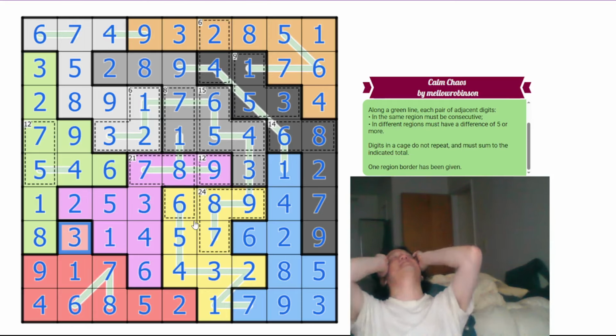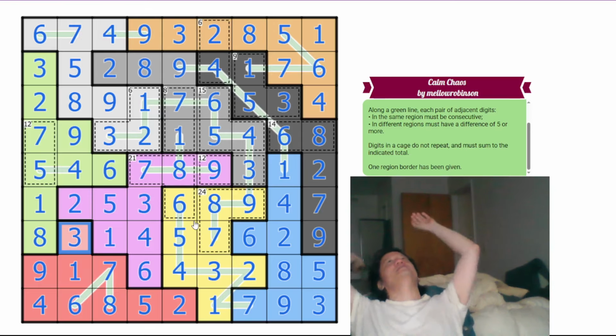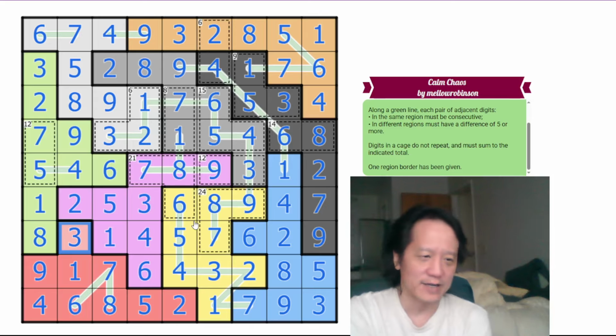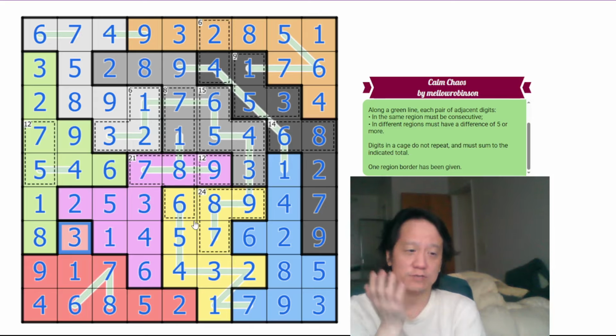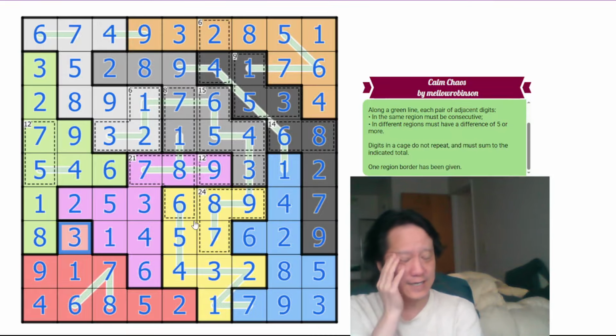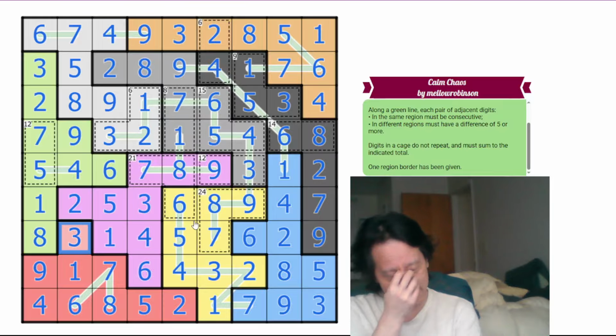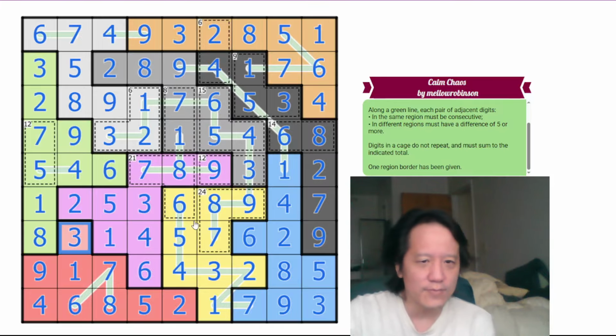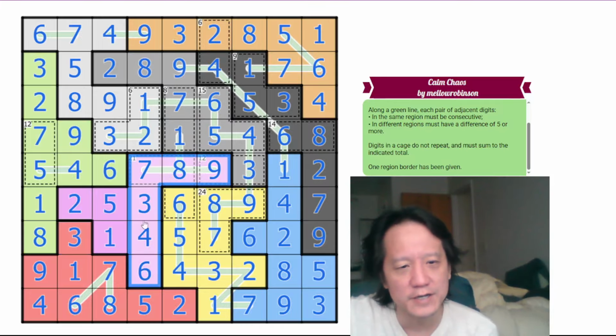Yeah, it's between easy and challenging, in my opinion. Maybe I'm just not that great at Chaos Construction. I love the Chaos Construction rule set, but maybe I'm just not that good at it, because even this is not easy, in my opinion. I don't know. I mean, the logic behind it is rather simple.